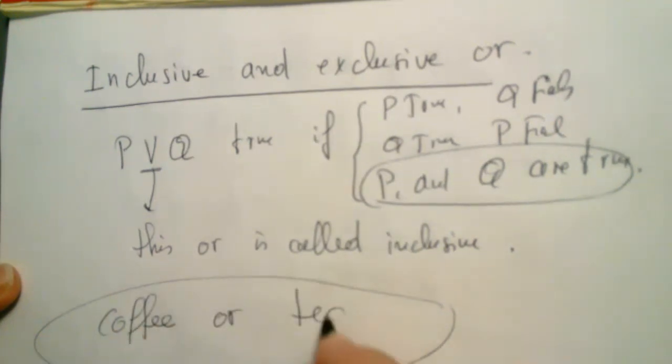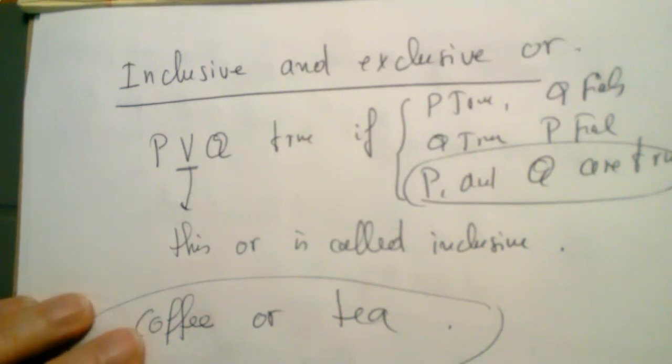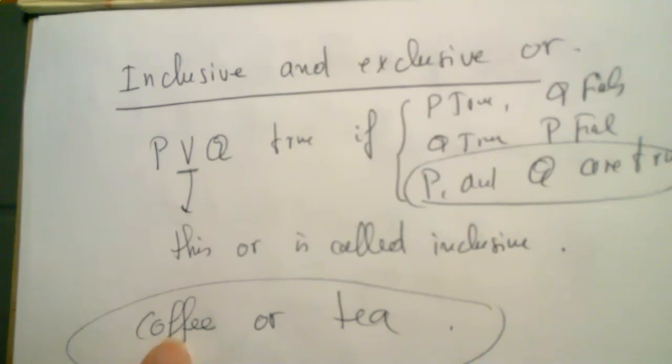The waiter is telling you: do you want one or the other, not both. It doesn't ask if you want both. So in English, usually when we say OR, we mean this one or this one, but not really both.